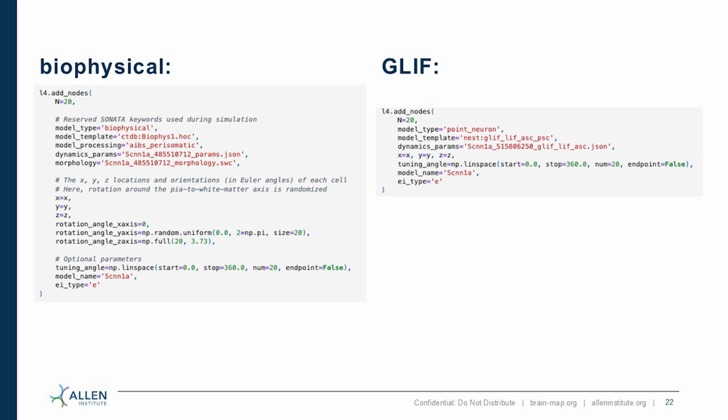For the GLIF, it's not necessary to assign the rotations, because these are just point neurons. And it's also not necessary in the edge definition to assign the actual location of the connections, because again, these are point neurons.